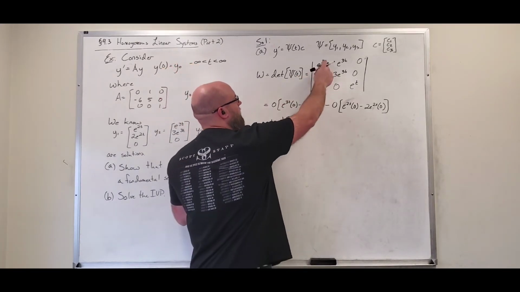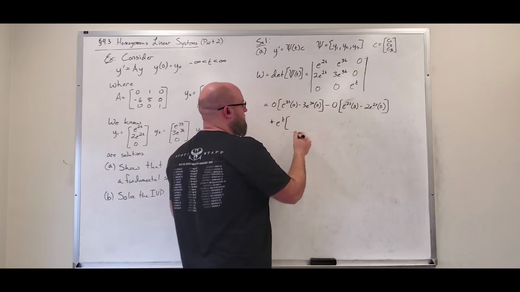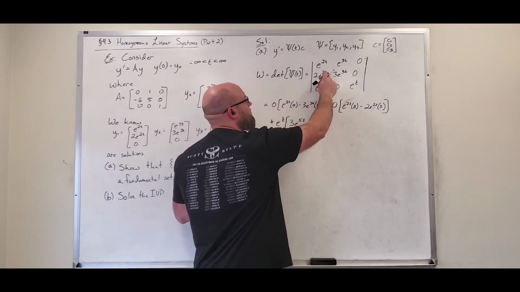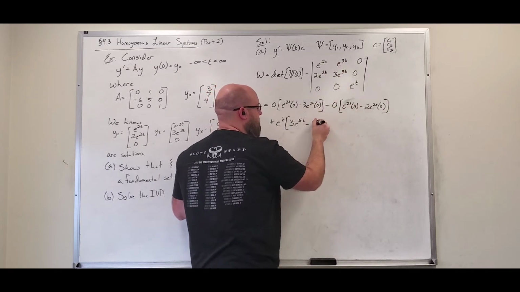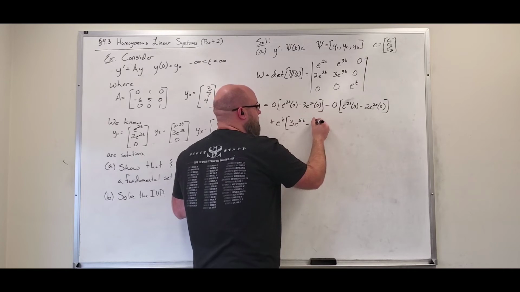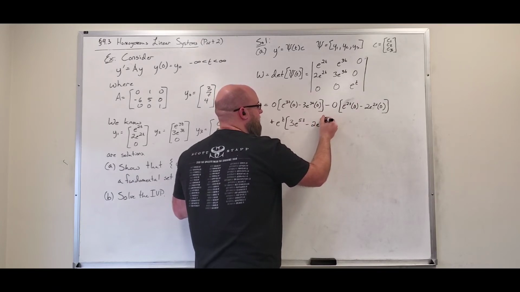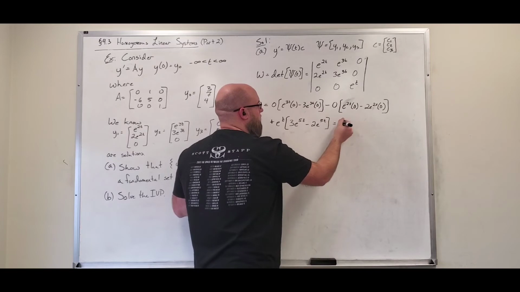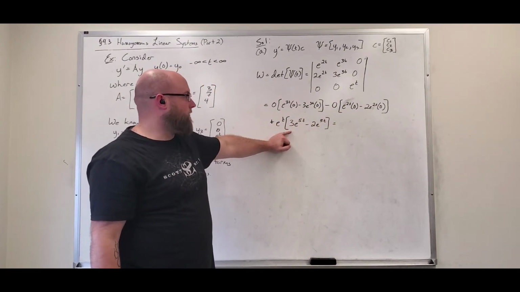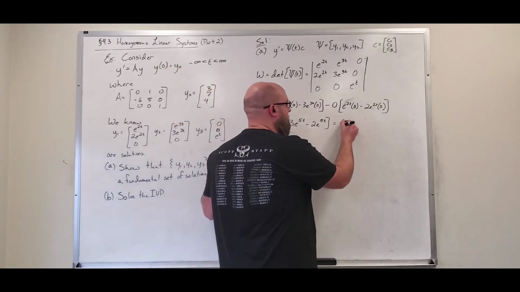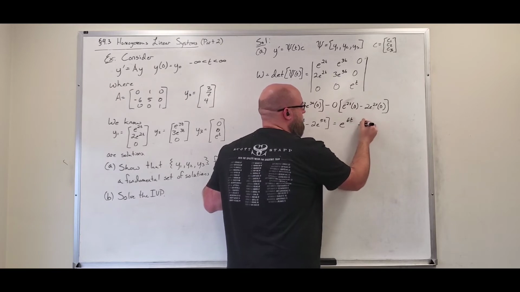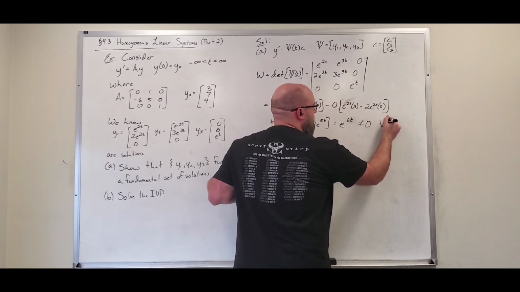So e^(2t) times 3e^(3t), well, that's 3e^(5t) minus 2e^(2t) times e^(3t), or 2e^(5t). So that's going to be e^(5t). Well, when we calculate this, this goes to 0, that goes to 0. This becomes e^(5t) times e^t. So we're going to get e^(6t) out of this, which is not equal to 0 for all t.